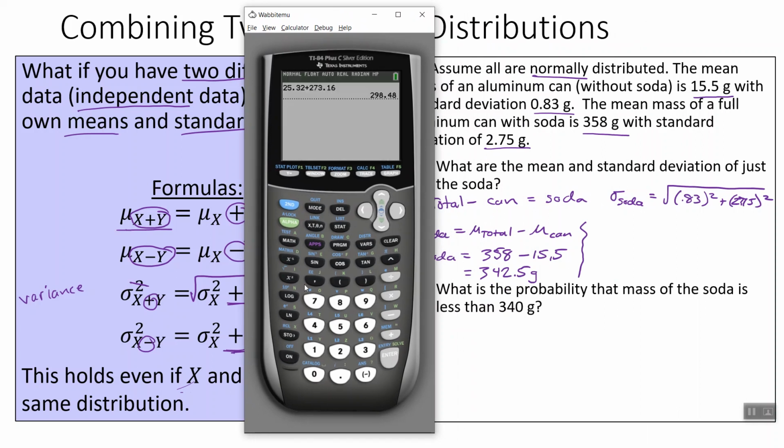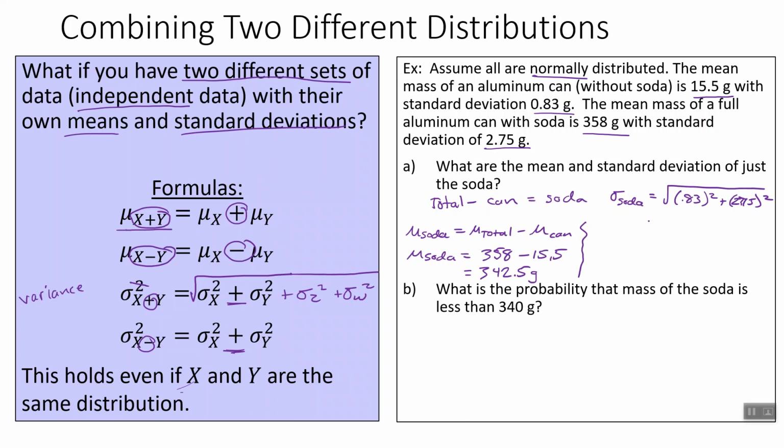Second, square root, 0.83 squared plus 2.75 squared. We're all under the square root still. We press enter, and the standard deviation for our soda is 2.87 and some change. So this is 2.87, and this is also in grams.